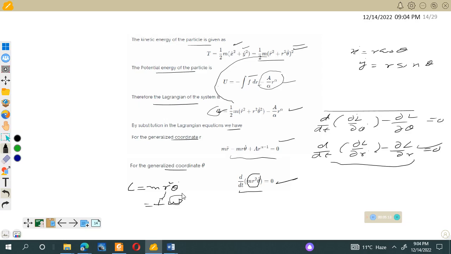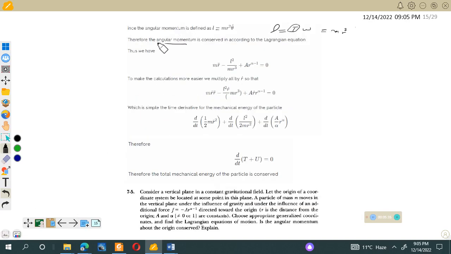So d over dt of this angular momentum, dL over dt, is equal to 0. It means this quantity is conserved, it is constant, and when it is conserved its derivative is equal to 0. Therefore the angular momentum is conserved in accordance with the Lagrange equation.